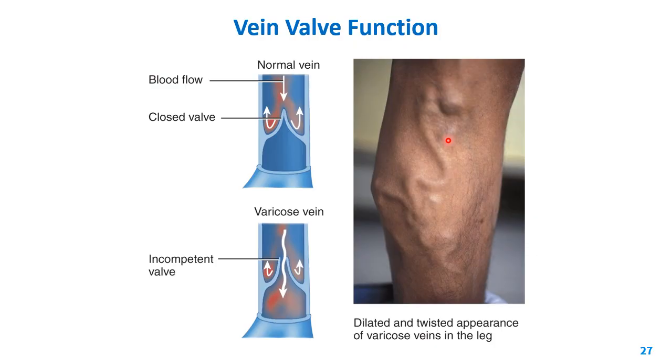So when you are keeping the blood going in one direction, if your wall is extended, then the flaps are not really going to flap, so that's an incompetent valve type of situation. And now you have some blood that backflows. The vein got extended and the blood is backflowing.